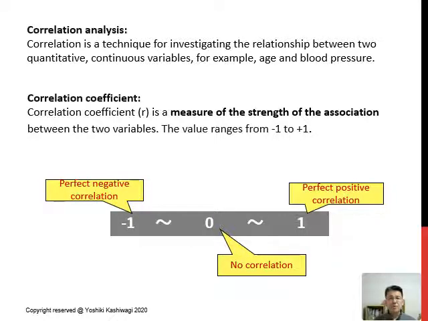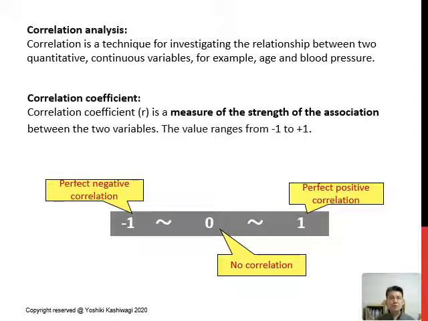And how do you know the strength of a correlation? You can see that in the chart below. If the coefficient value is around 0, that means these two data sets have no correlation or weak correlation.